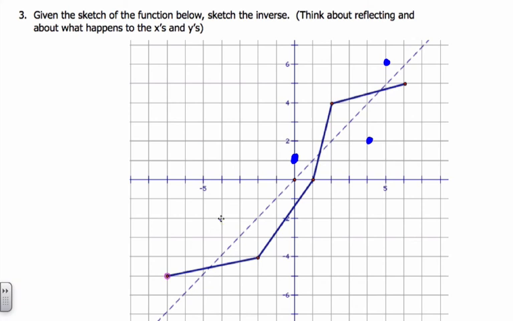It will switch, and it will switch. And so my inverse function, as I switch my x's and y's, I use the idea of switching x's and y's to reflect it over y equals x. There is your theory on inverse functions.